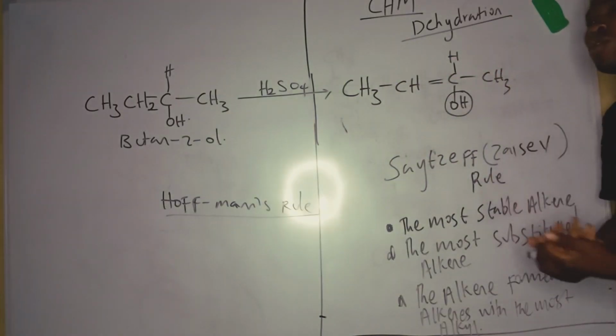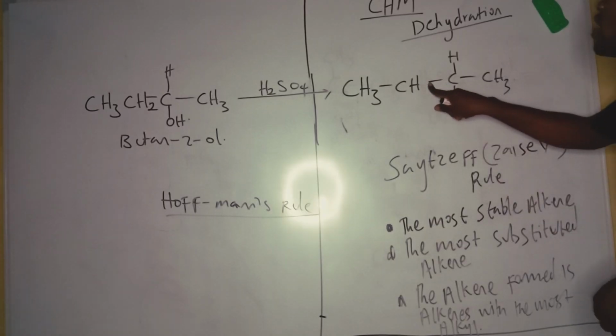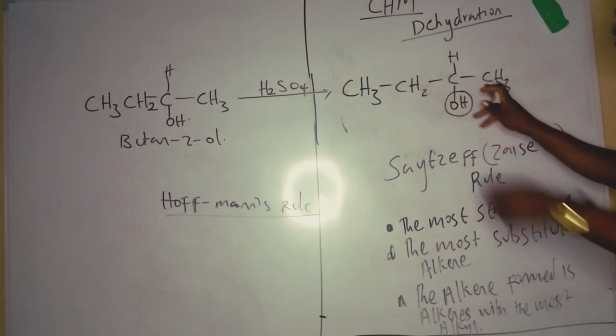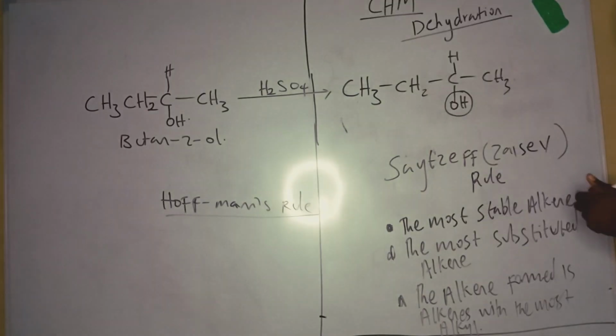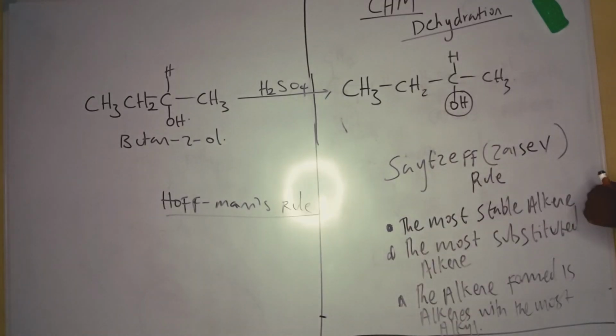Now let me break it down to local language, so you can easily understand it. When performing Saytzeff rule, and when two carbons are in competition like this, remove hydrogen from the carbon with less hydrogen.